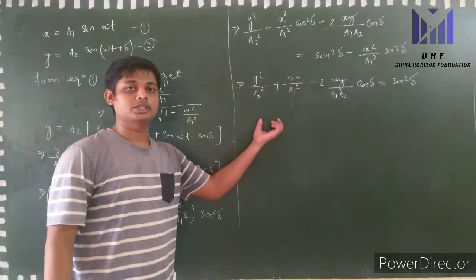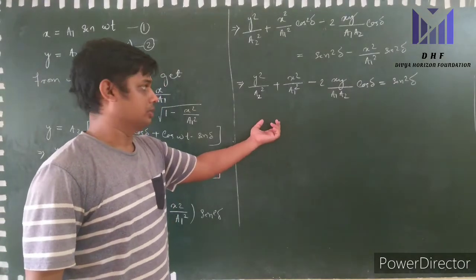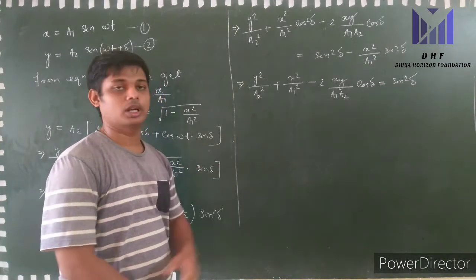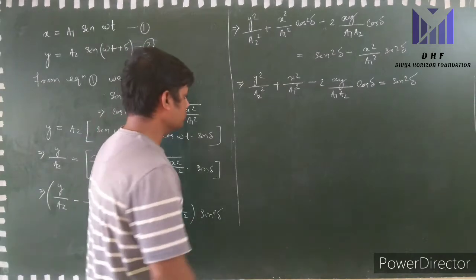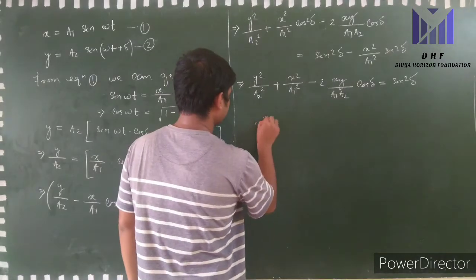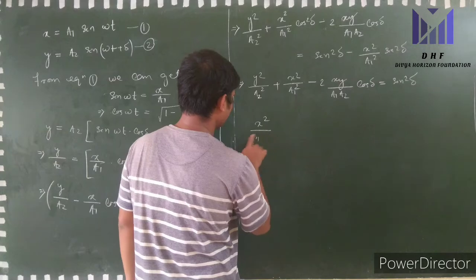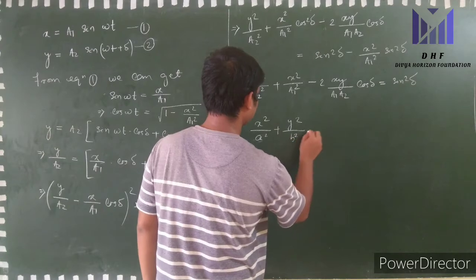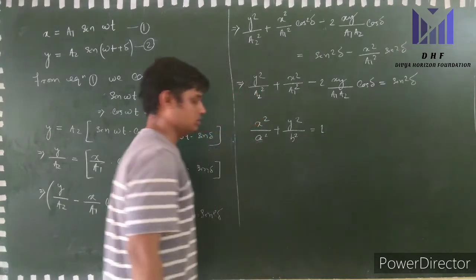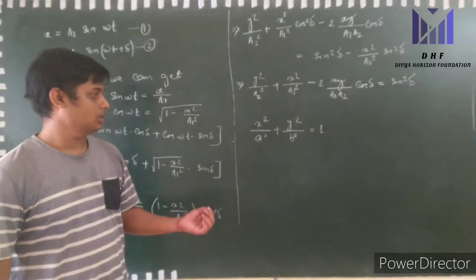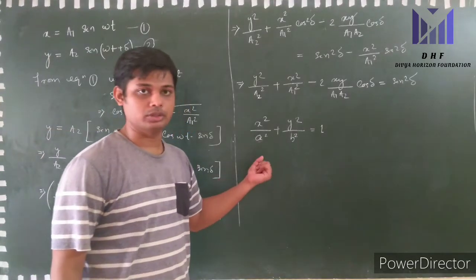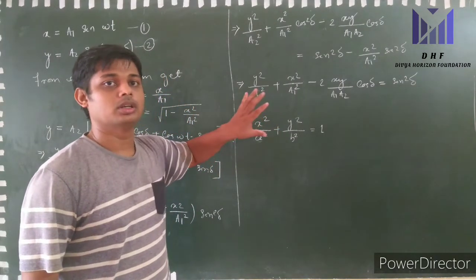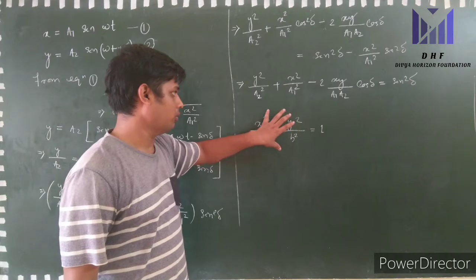We can see that this equation represents an ellipse, but this ellipse is not symmetric about y-axis or about x-axis. The general equation of ellipse which we have gone through is x square by a square plus y square by b square is equal to 1. This is the very common equation of ellipse, and it is symmetric about y-axis and about x-axis.